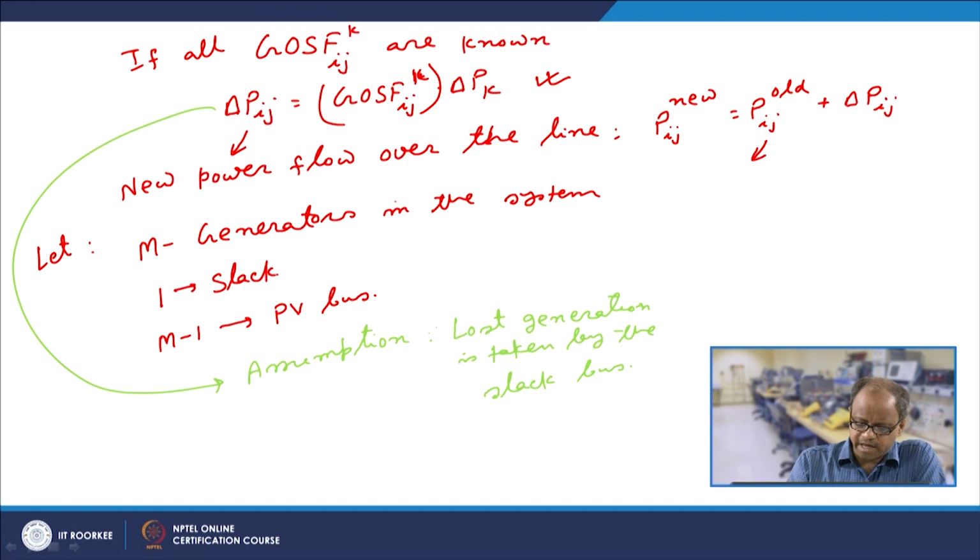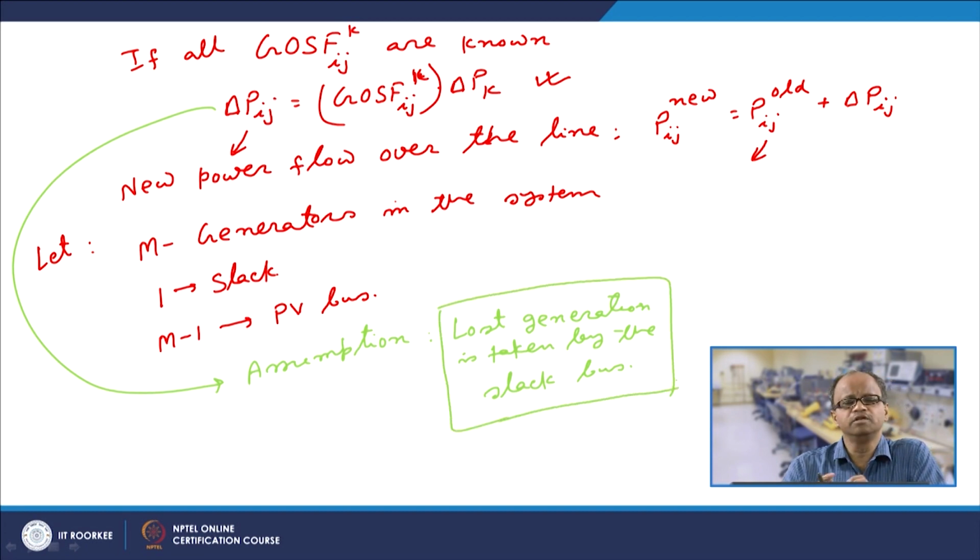So this assumption, although a very convenient one, is not really very feasible, because there is a chance that this slack generator would not be able to supply the entire power, since the requirement may simply exceed its rating. If that happens, this slack generator will also not be able to supply the entire generation.